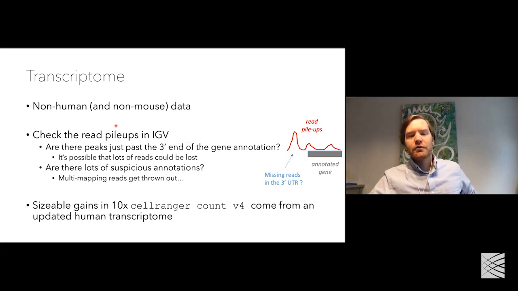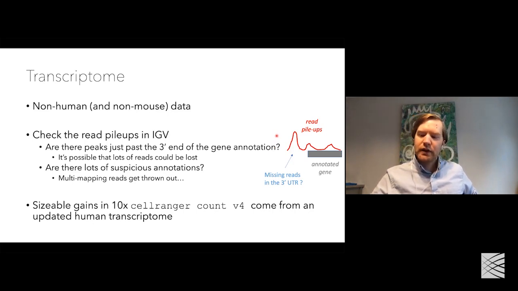Check the pileups of your reads in IGV, see where they align. For example, are there pileup peaks of reads that lie just beyond the 3' end of a gene annotation? So for example, we have a gene that's defined here. We have a pileup of reads, some of which overlap the gene and some of which don't.